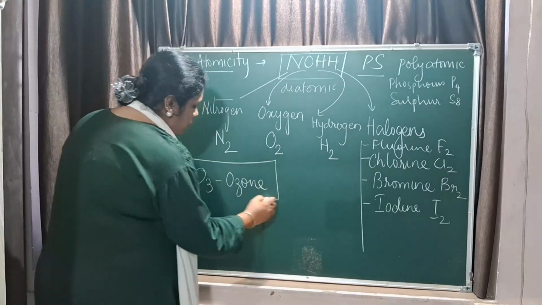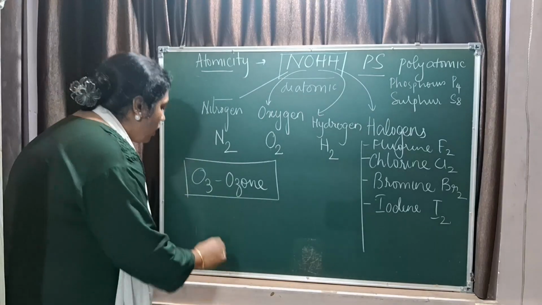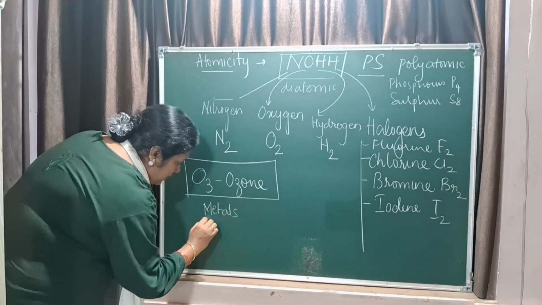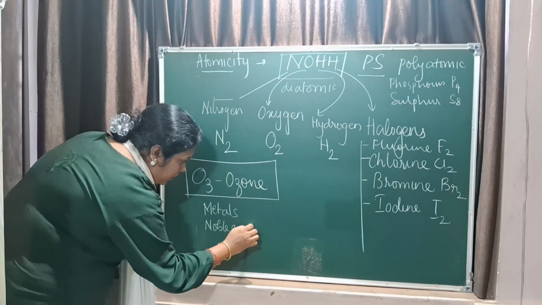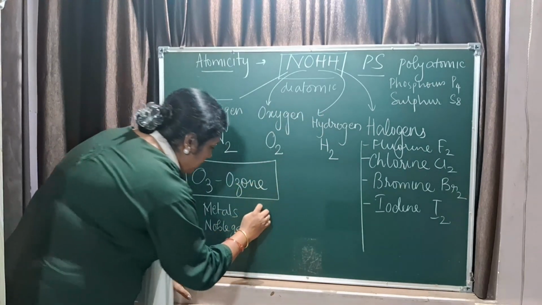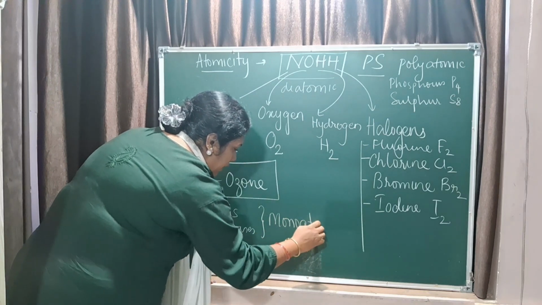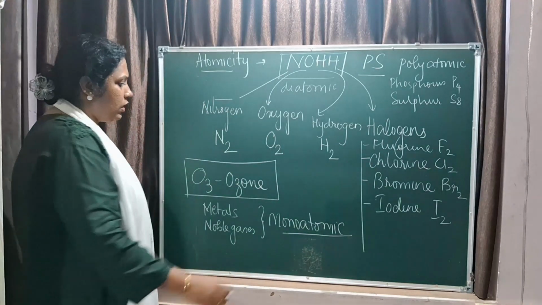Rest, whatever you talk about, is a monoatomic element. All the metals, all the noble gases, and obviously some of the non-metals leaving these are all monoatomic. Here I am talking about atomicity only, okay?